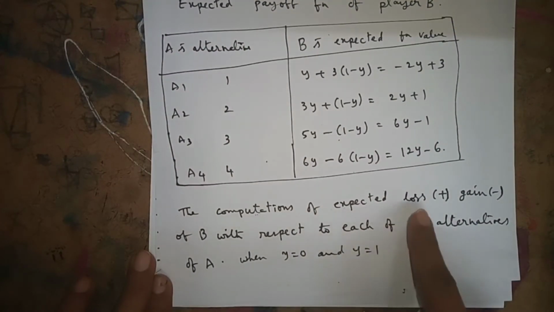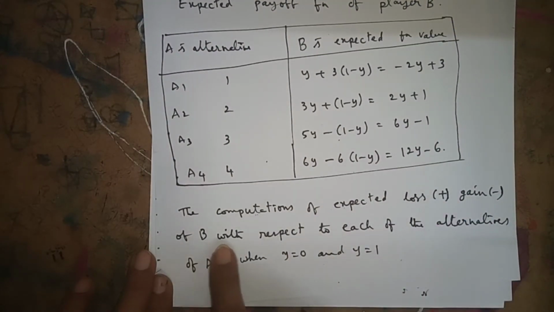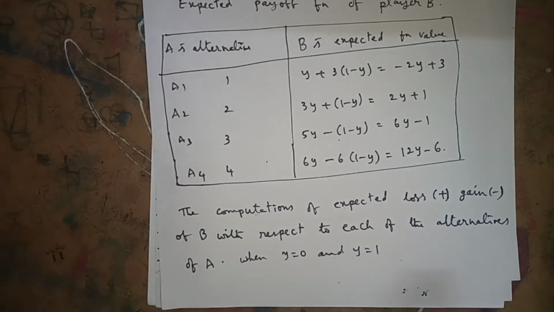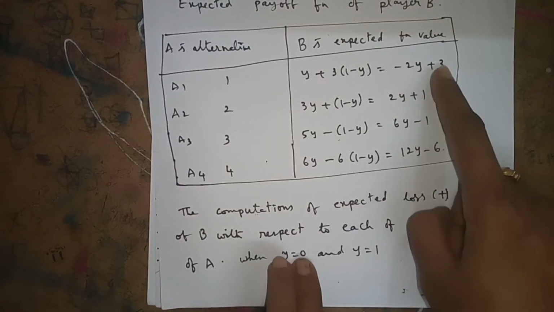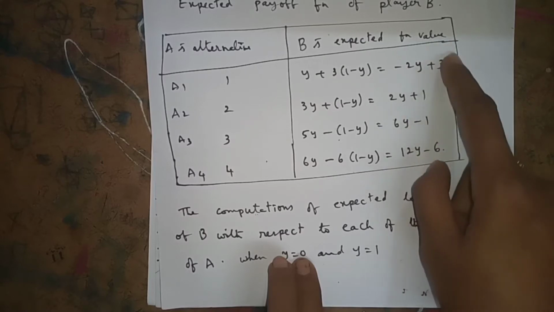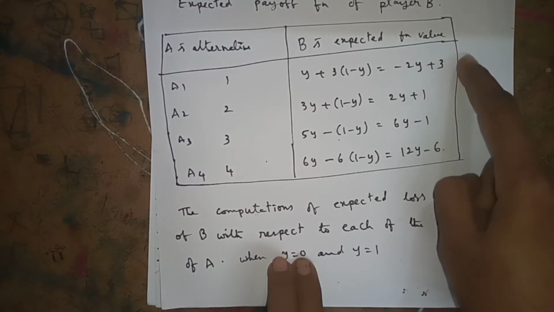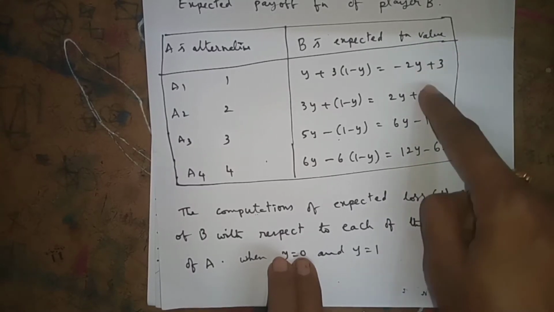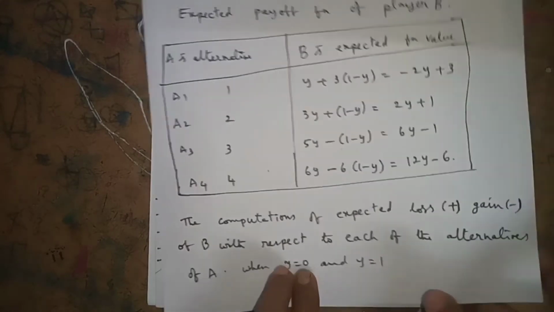Now the computations of the expected gain or loss of B with respect to each of the alternatives of A when y is equal to 0 and y is equal to 1. In the previous problem it was x equal to 0 and x equal to 1. We assume like that. When y is equal to 0, what is the value of this one? When y is equal to 1, what is the value? We will draw the table.